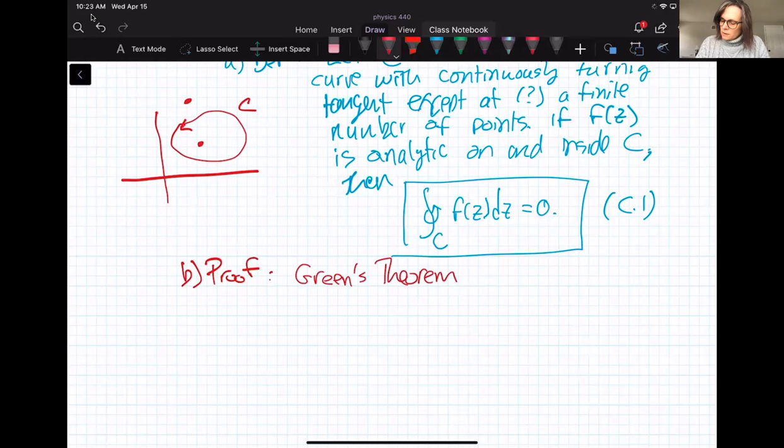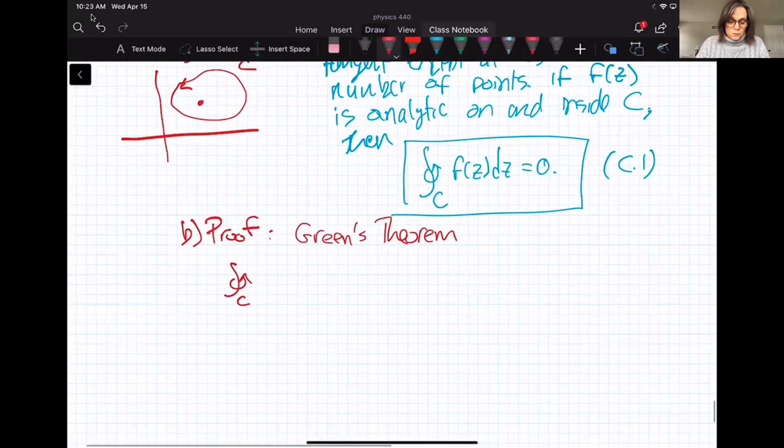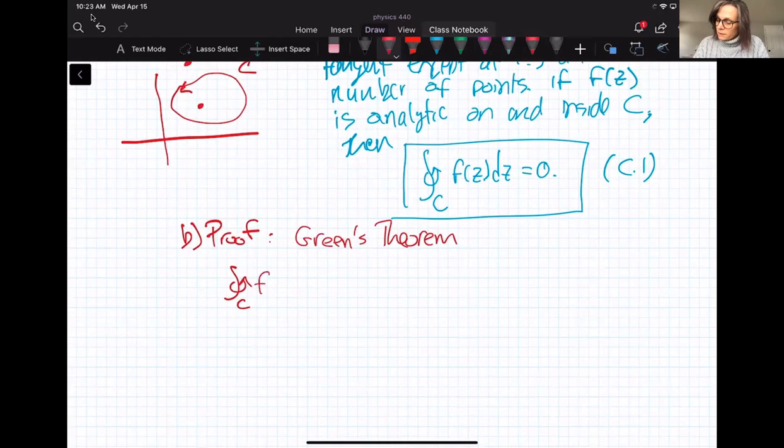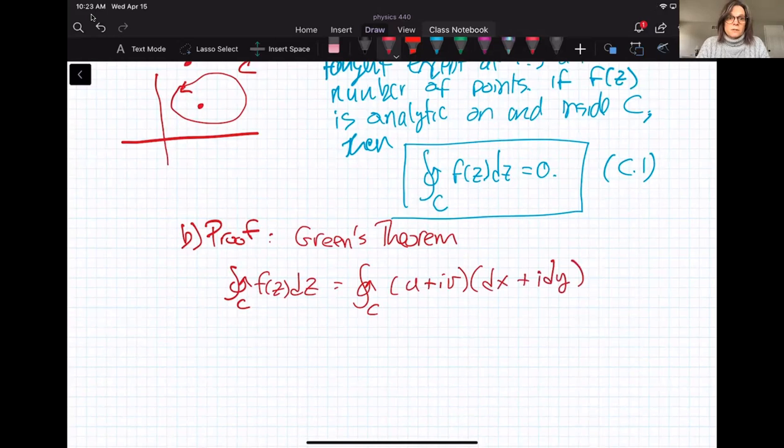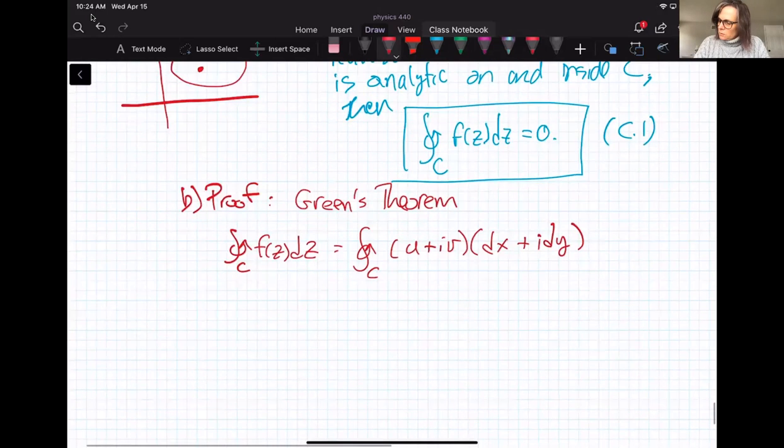In other words, if you consider the contour integral of f of z dz, that's the integral around this contour of u plus iv times dx plus i dy. That's just the definition of our integration, which we can break apart as u dx minus v dy.